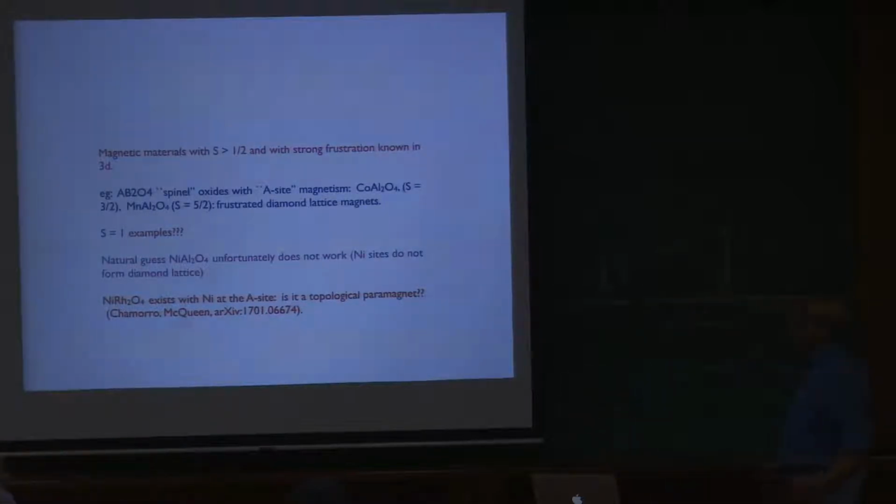A lot of the attention from the magnetism community has been on spin half systems. We're trying to push people to look at spin 1 systems, saying don't give up, spin 1 may also be interesting. So there's a class of spinel oxides. How many people in this room have heard of the word spinel?